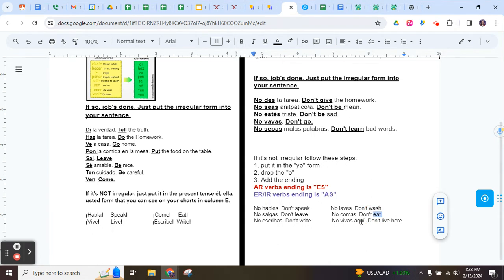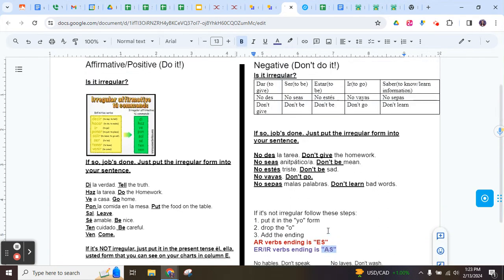So we're going to put it in the yo form. Como, drop the O. And since it's an ER verb, we're going to add AS. Vivir is an IR verb. So we're going to put it in the yo form. Vivo, drop the O. And since it's an IR verb, we're going to add AS. No vivas aquí. Don't live here.